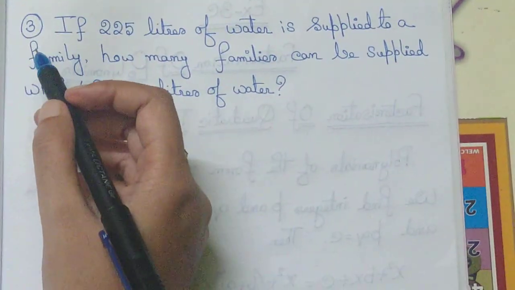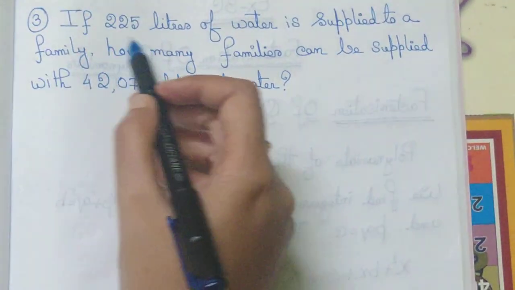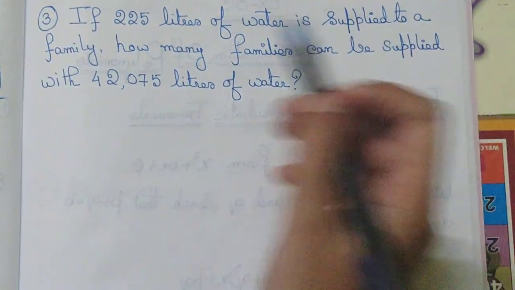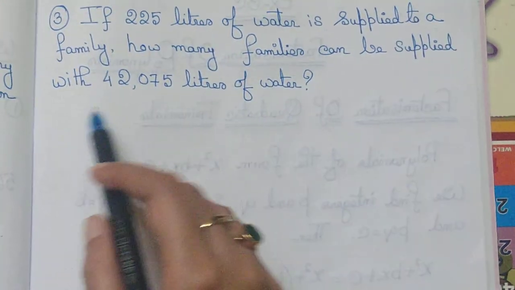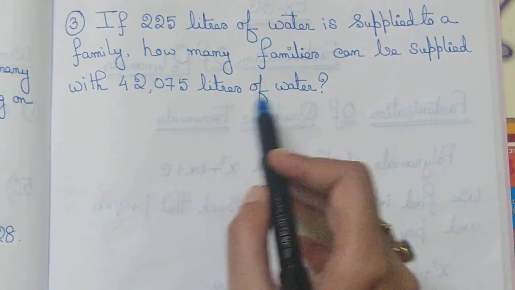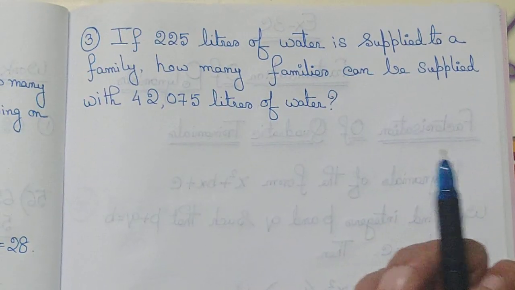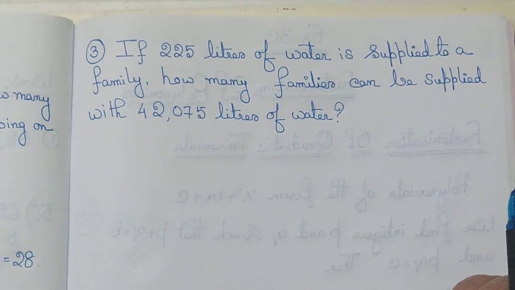Now we are going to solve sum number 3. If 225 liters of water is supplied to a family, how many families can be supplied with 42,075 liters of water? So again the same thing, we have to do division.